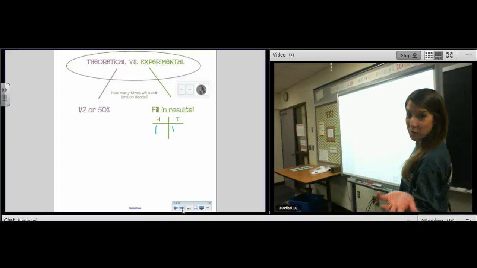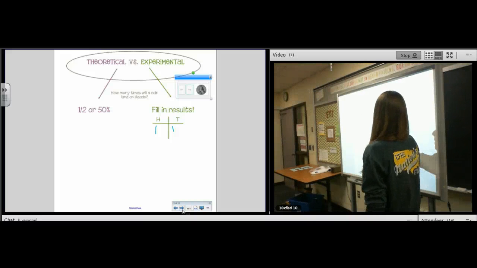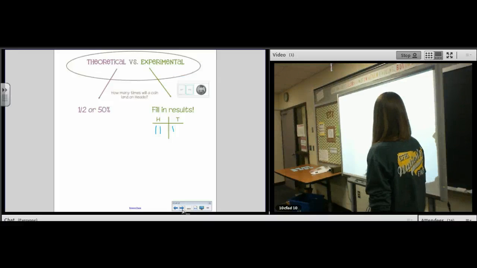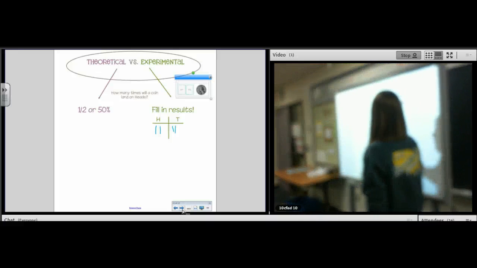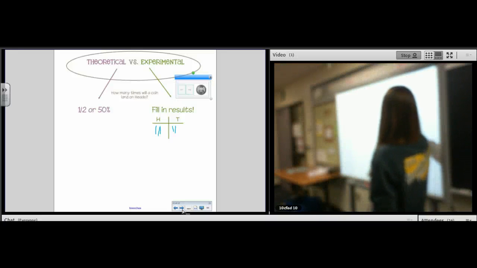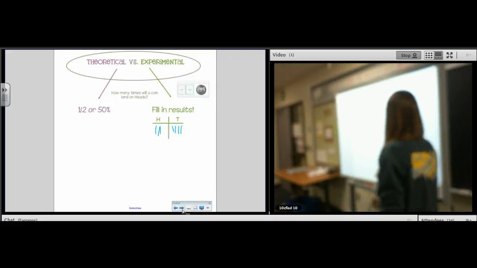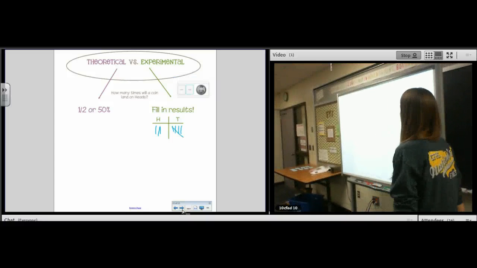Oh, look, we're at 1/2. Flip it and you get heads. Oh man, I'm doing good. I am totally living up to the theoretical probability. Oh my goodness, I've never seen it be so perfect. Okay, there we go, I got one that wasn't perfect.